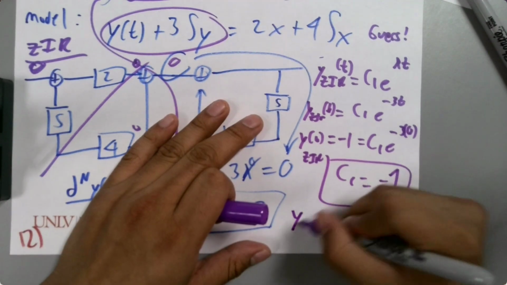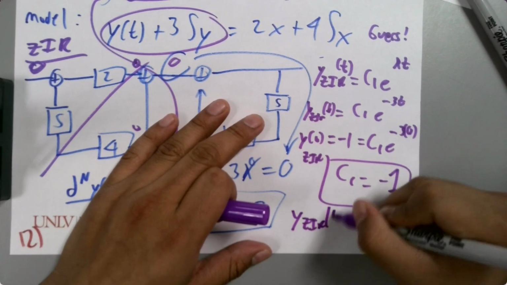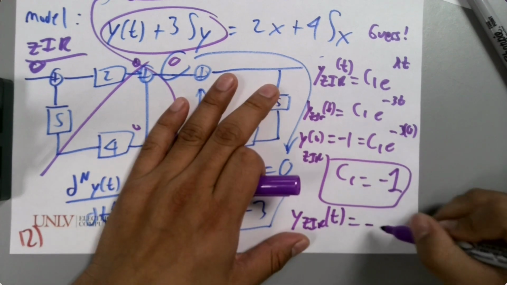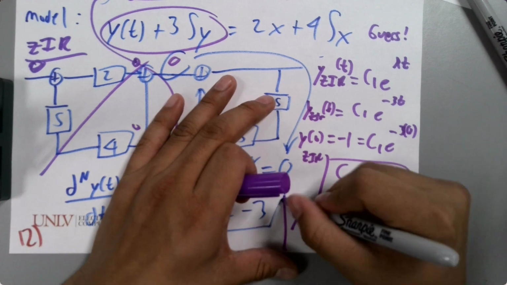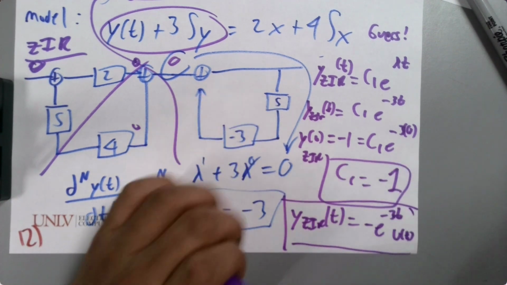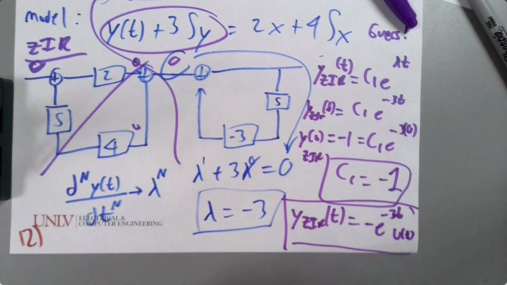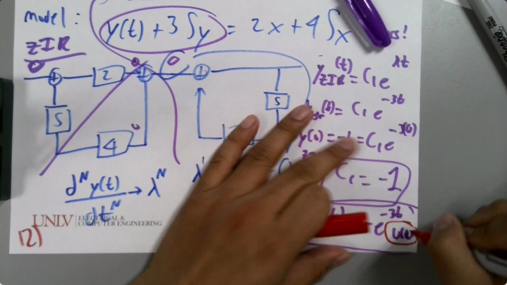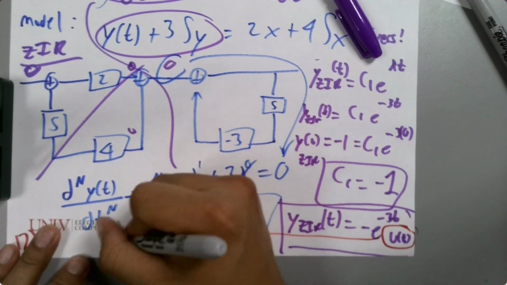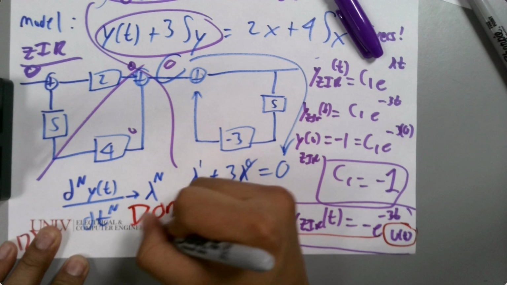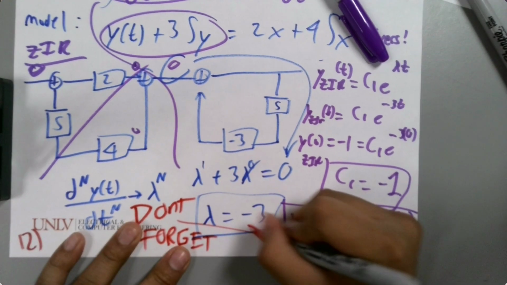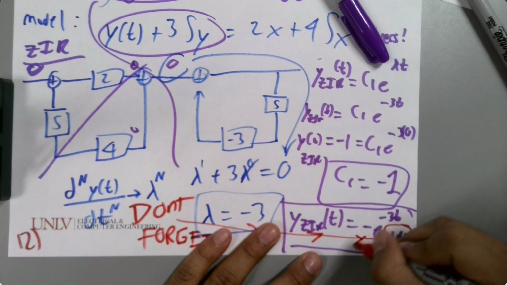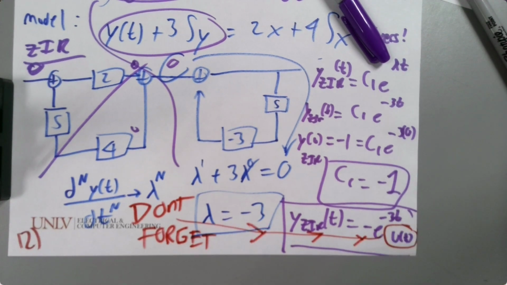Which means u of t. Do not forget that. Do not forget that. I'm going to write that down. Do not forget that. You will lose a point.